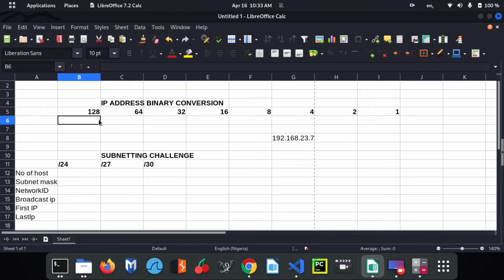So you get 128 here, which is 1, and you get 64 here, which is 1. 128 plus 64 gives you 192, which means the first octet is 128 plus 64, and here we're going to simply put zeros.